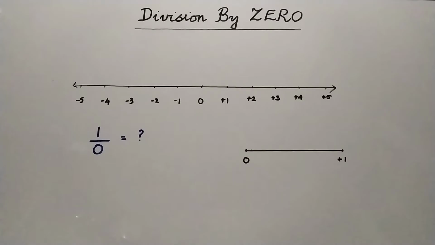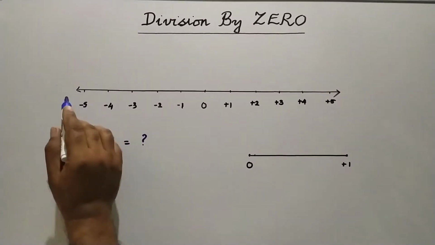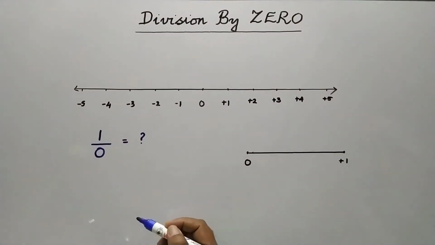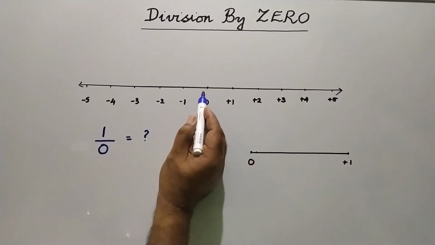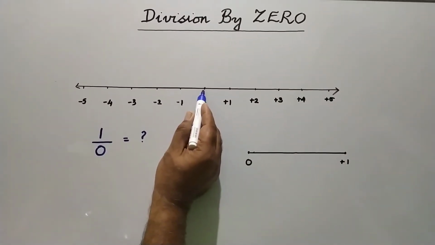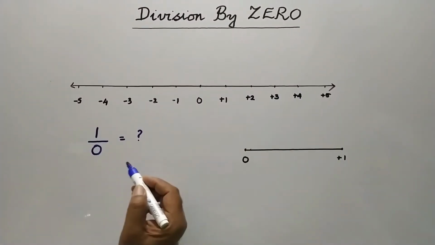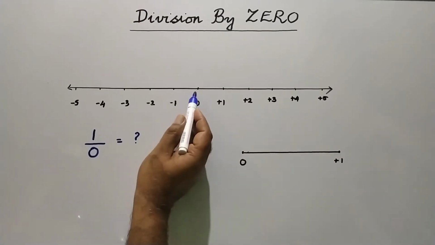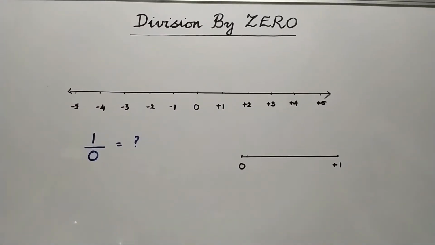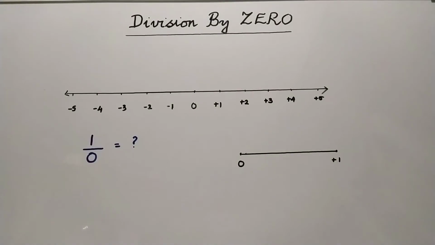So what I will do is take the number line. To the right of 0 I have the positive integers. To the left of 0 I have the negative integers.